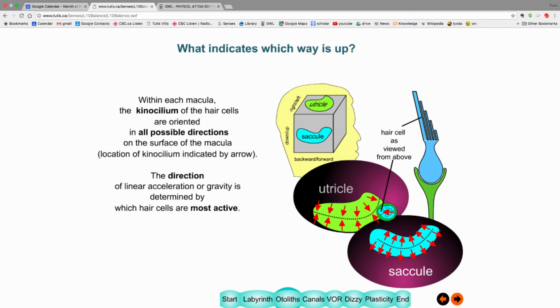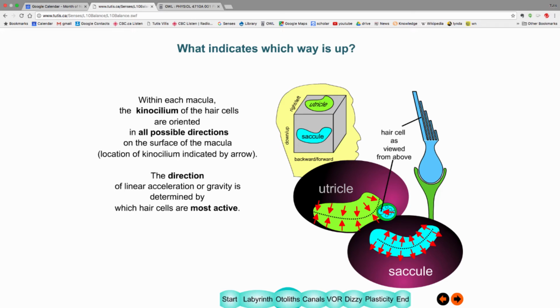Now, these hair cells, if you look at them in more detail, imagine this is the top of a hair cell, and there's the kinocilium, this long, big, thick fiber. This arrow then represents the direction of the kinocilium. So you can see that these arrows here are pointing in all kinds of directions, both in the utricle and the saccule.